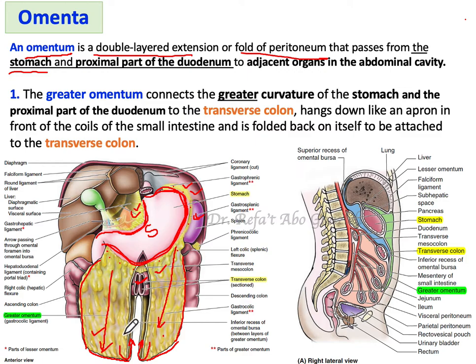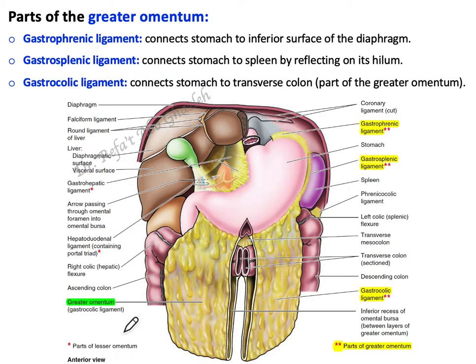As you see, there are parts of the greater omentum. The first part connects the first part of the greater curvature to the diaphragm. This part of the greater omentum, the yellow color, is called the gastrophrenic ligament.